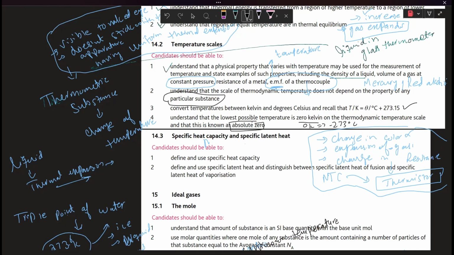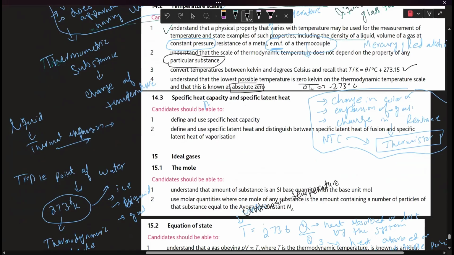Okay? Then we have specific heat capacity and specific latent heat capacity. We know that the specific heat capacity is defined as, how do we define specific heat capacity?